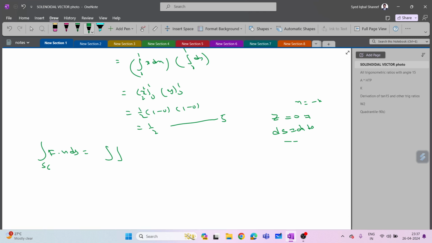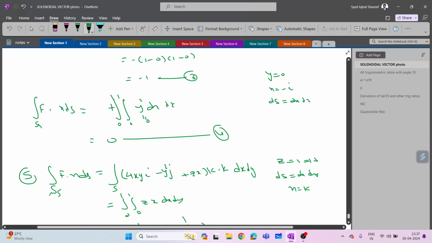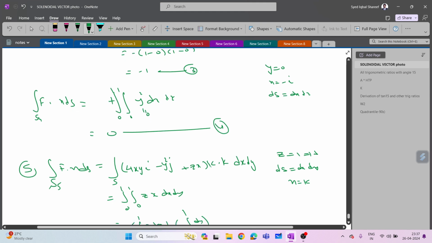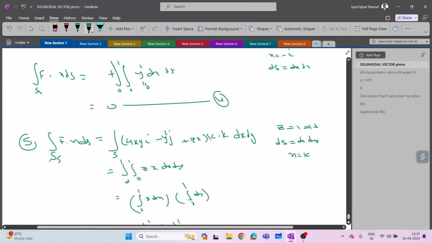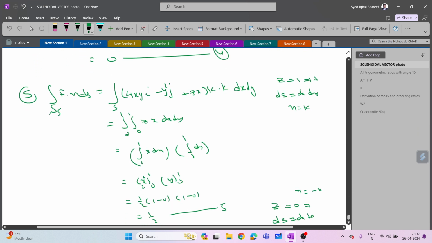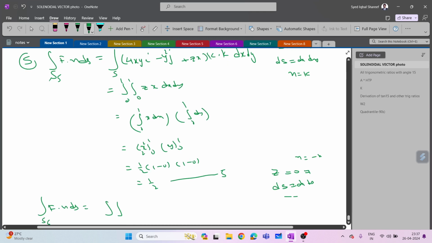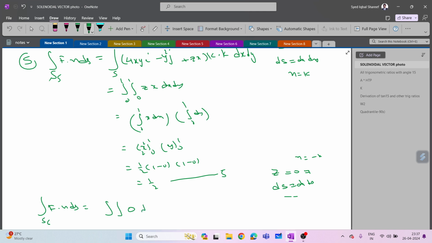Now if we take here z equal to 0, 0 into anything is 0. So this is equal to 0, equation number 6.